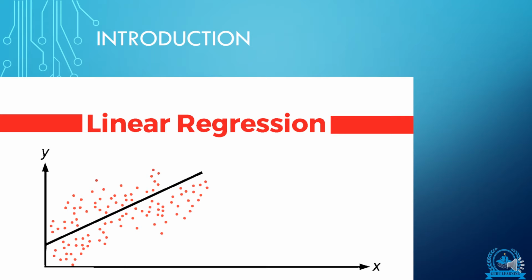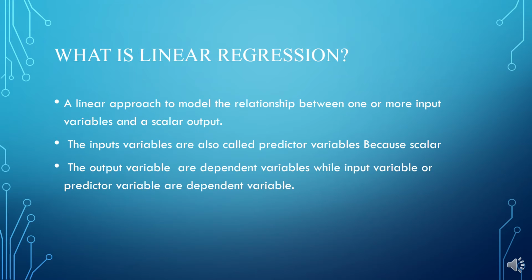Today, we are going to deep dive into linear regression. Let's understand linear regression. So, linear regression is a linear approach to model the relationship between one or more input variables and a scalar output.